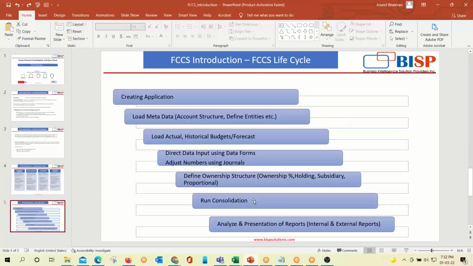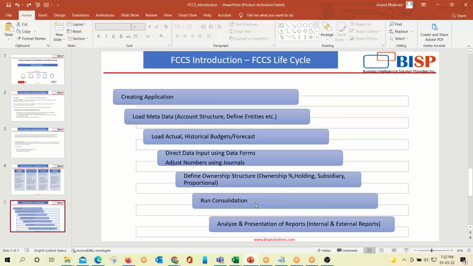After defining this, we just run the consolidation process, which is available in this application and which automatically derives the results, providing a combined figure of the financial results of different entities and subsidiaries.